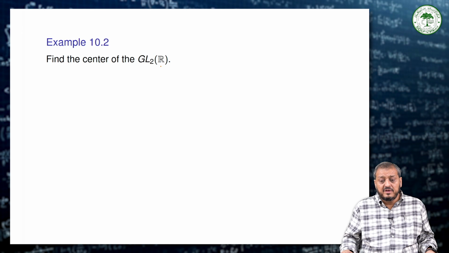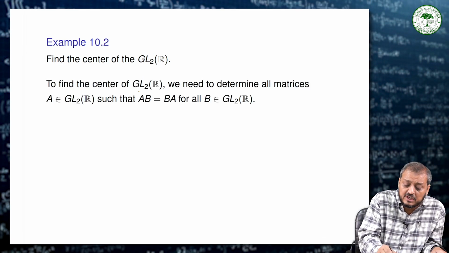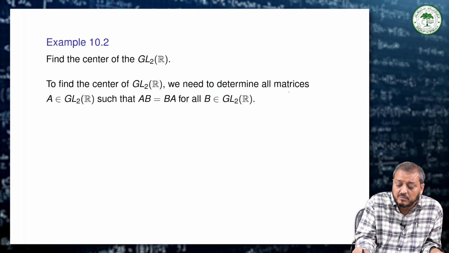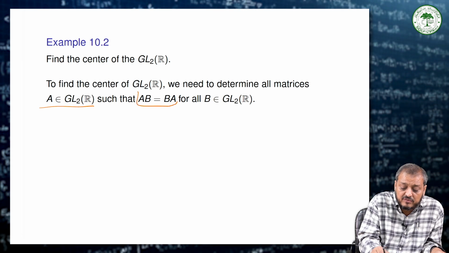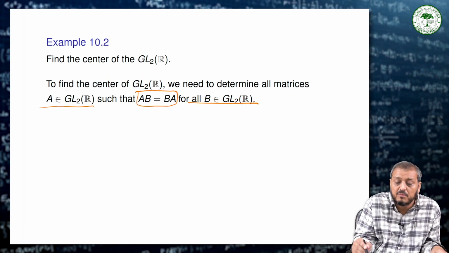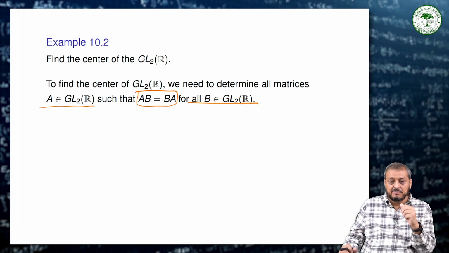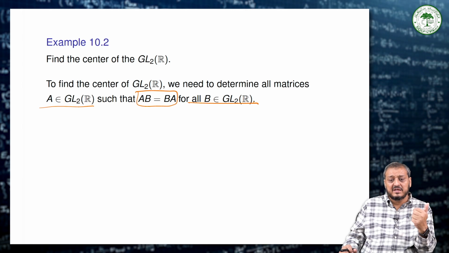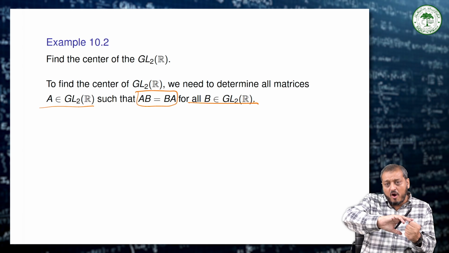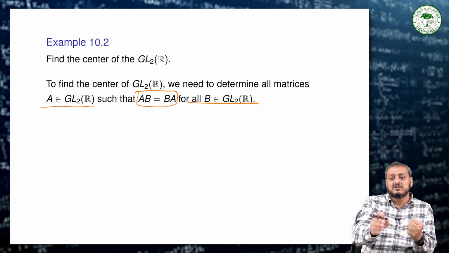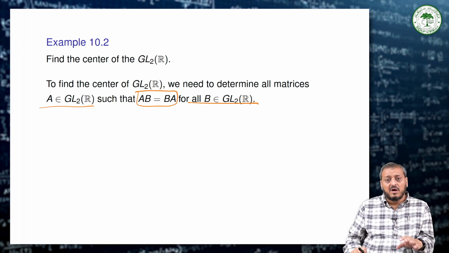To find the center of GL2(R), we need to determine all matrices A belonging to GL2(R) such that AB is equal to BA for all B belonging to GL2(R). So we find such a matrix A that commutes with all the other matrices of GL2(R).